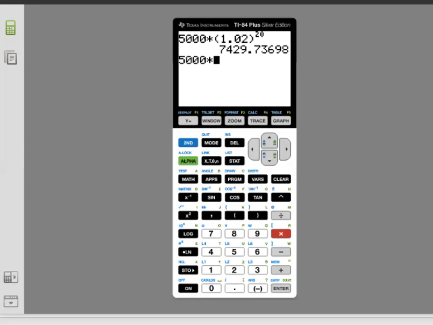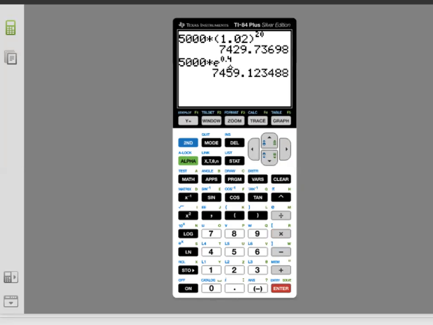The quick way is the one above the LN button. We can hit second and then LN, and you can see the letter e with a spot to type in the exponent. So in our case, the exponent is 0.4, which is from 0.08 multiplied by 5.